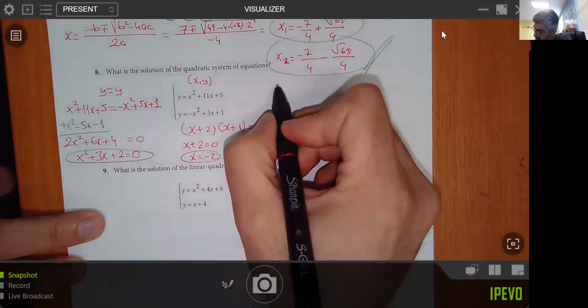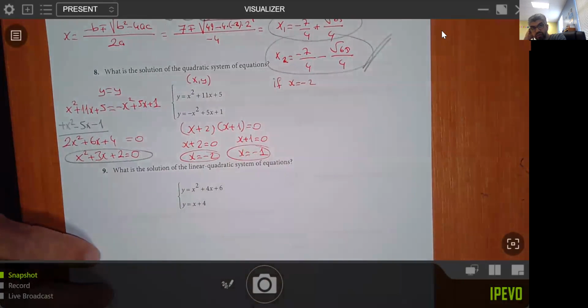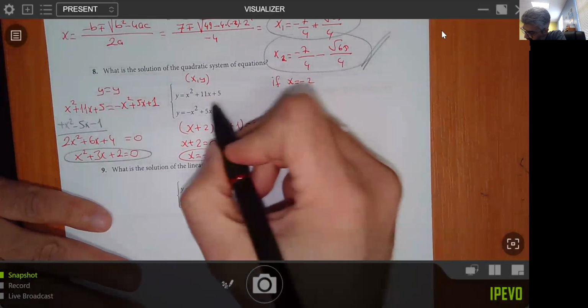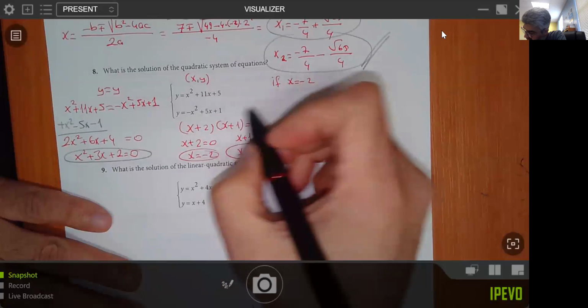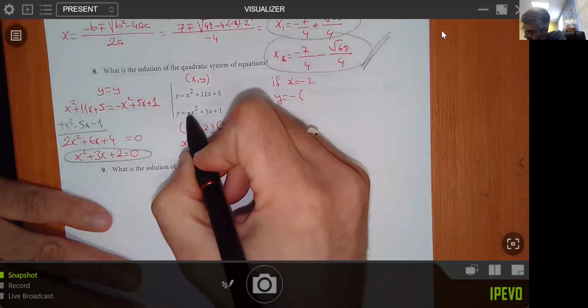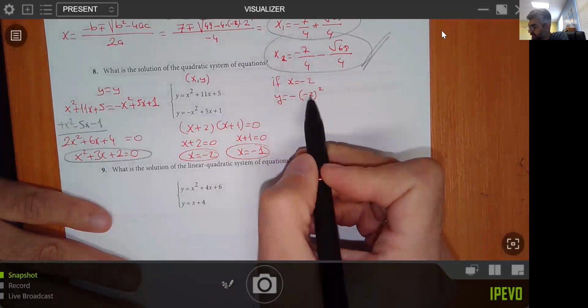So I continue. If x is negative 2, what is y? Okay, I choose the second one. I have smaller numbers. So I have minus x squared, guys. x is negative 2 squared. Pay attention, okay?